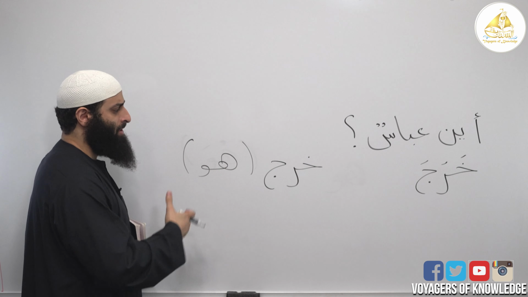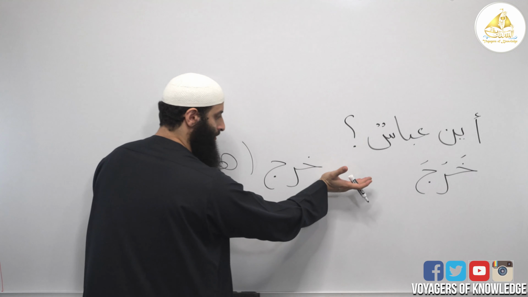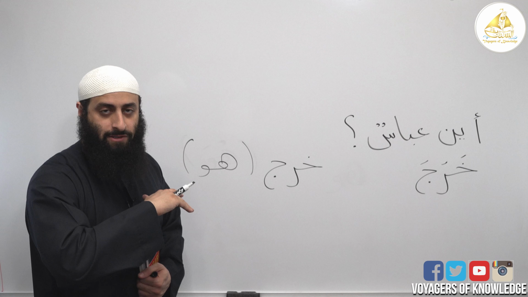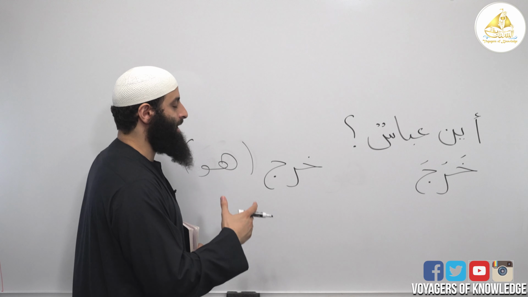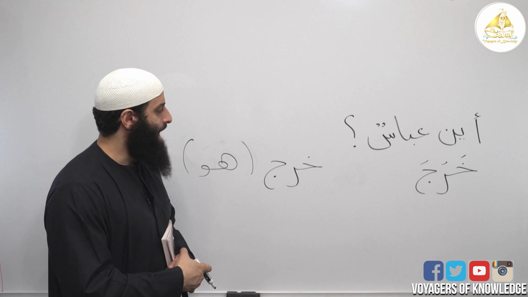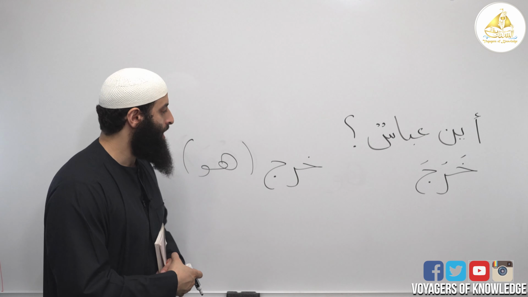And there are sentences like that where the pronoun comes first and then the verb in the Quran. So there is absolutely no way to say this is an improper sentence or it's a sentence that doesn't have a high level of literacy.